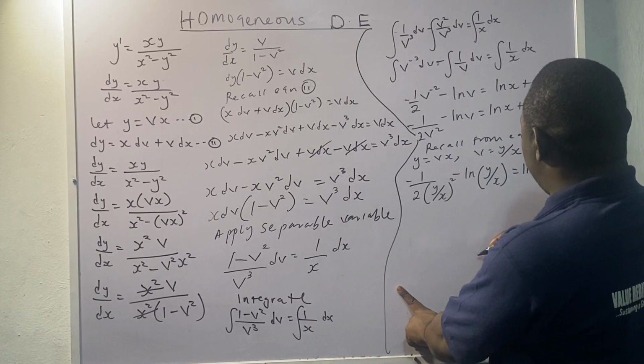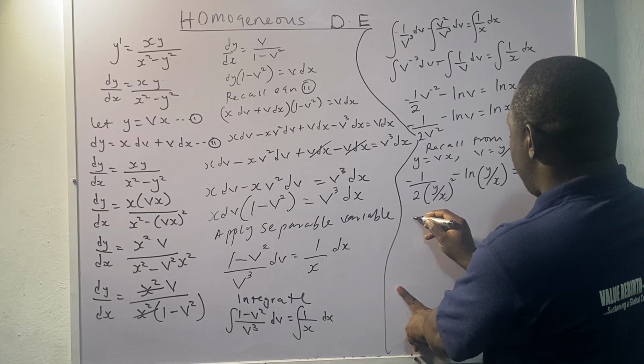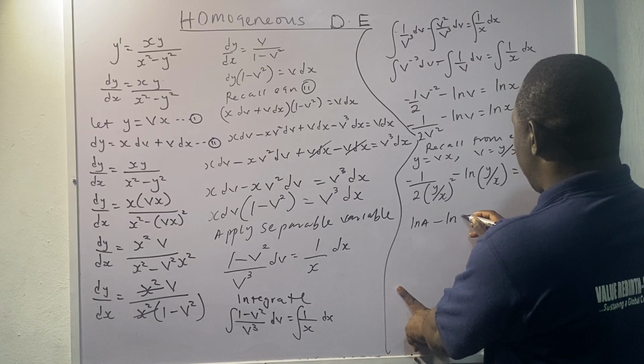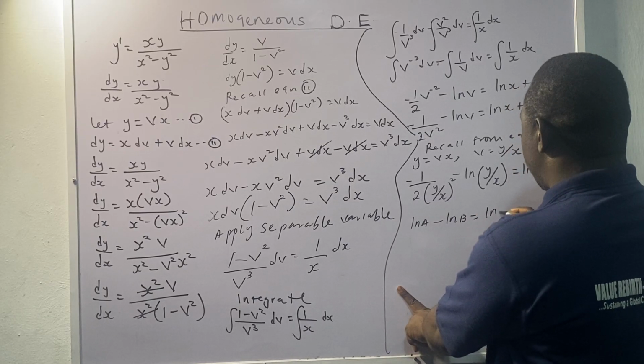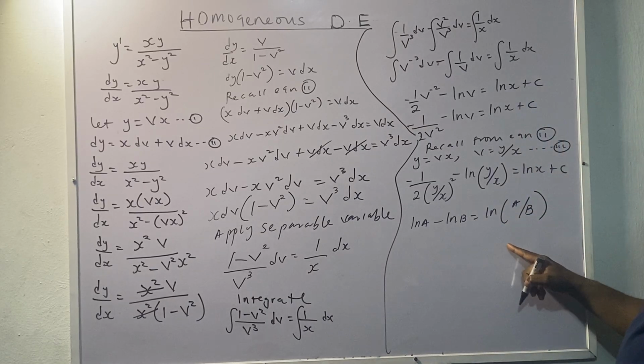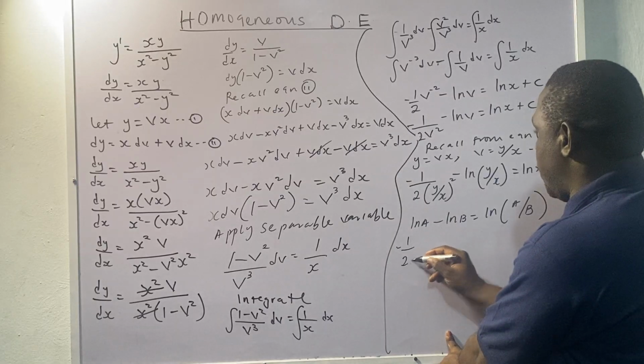So in this case, you remember that from the law of log, if you have ln a minus ln b, it is ln of a over b, from the law of log. So I can say minus 1 over 2.